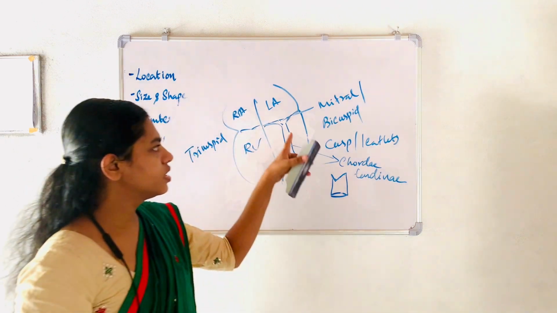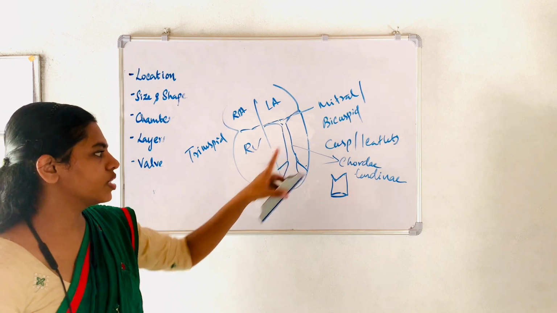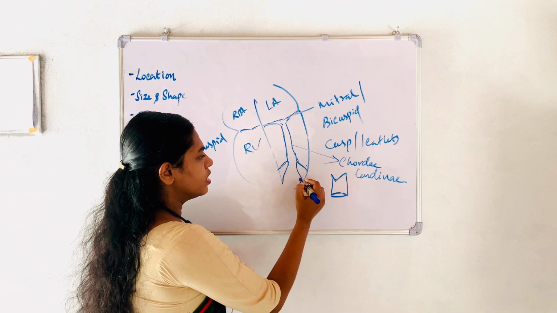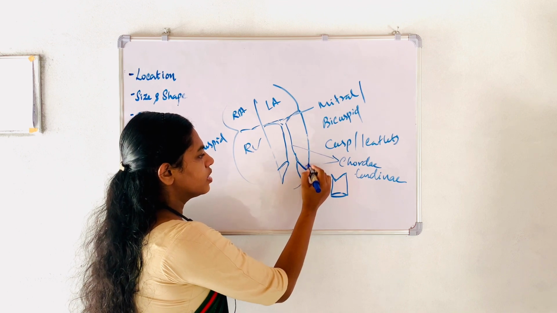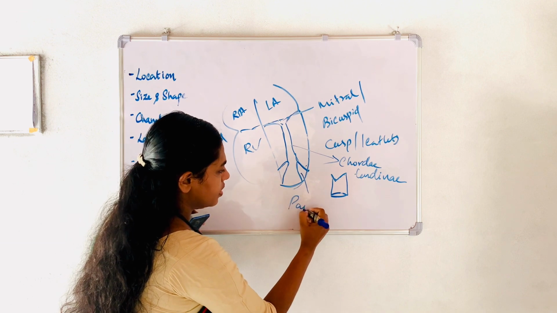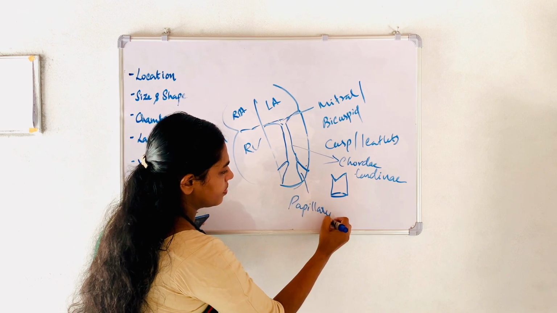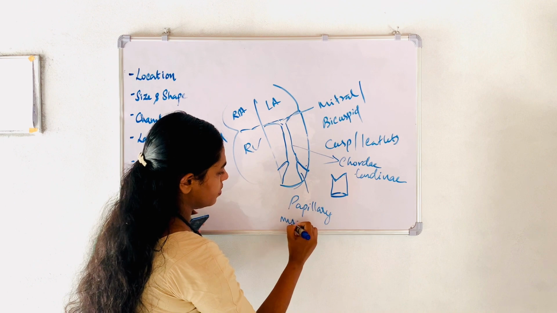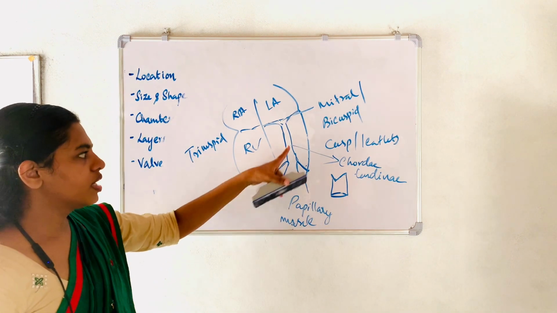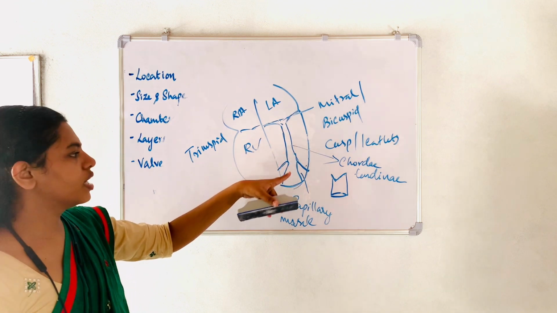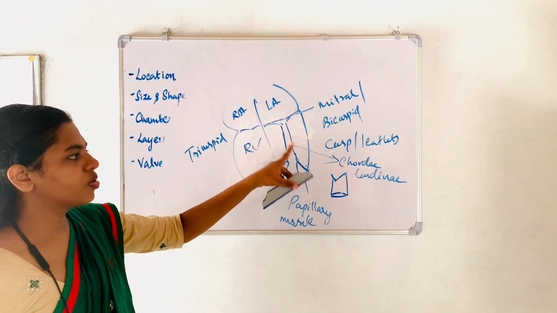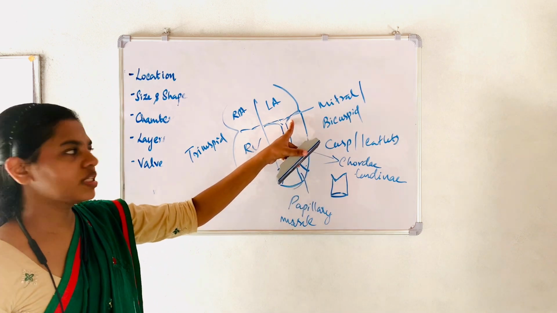These fiber-like projections are known as chordae tendineae, and they are connected to small muscles in the ventricles. This muscle is known as papillary muscle. The fiber-like projections that connect the papillary muscle and the leaflets are known as chordae tendineae, and these are known as cusps.